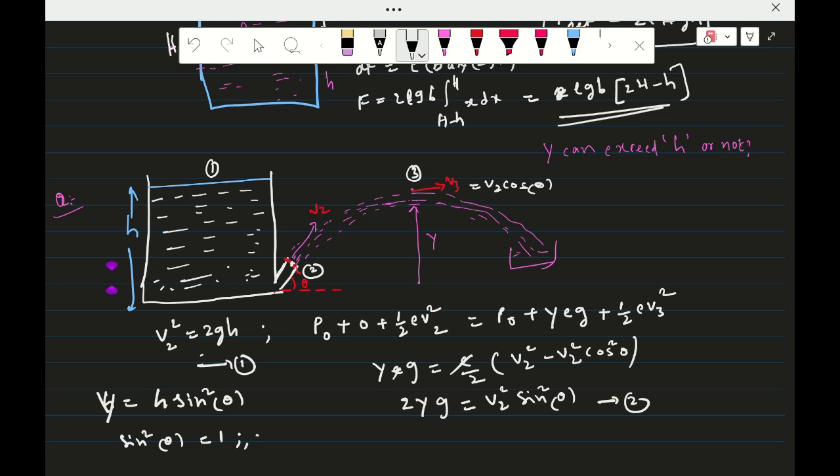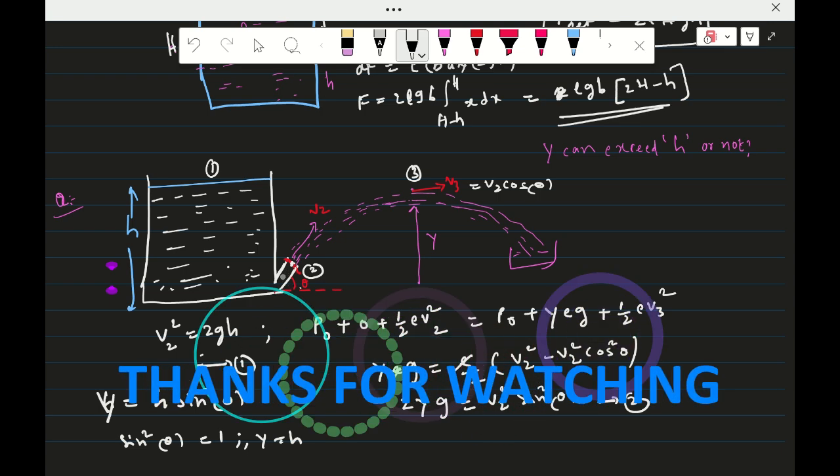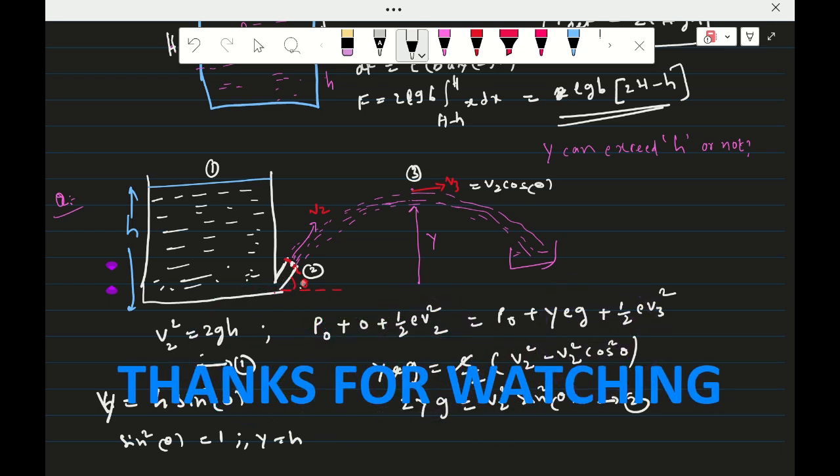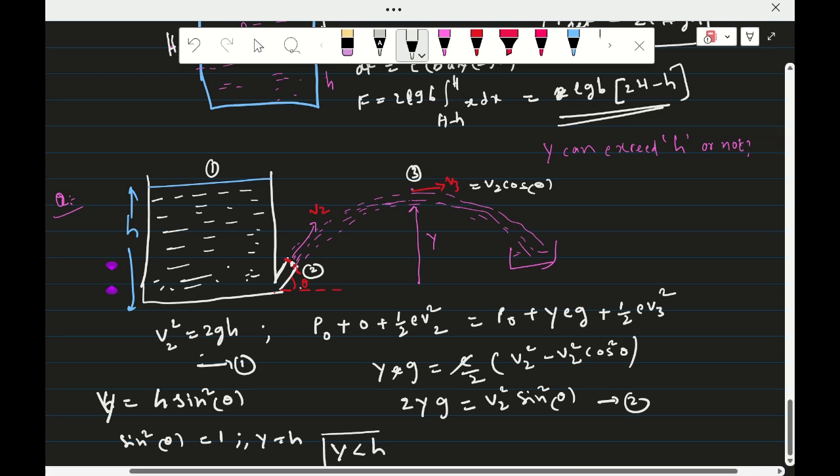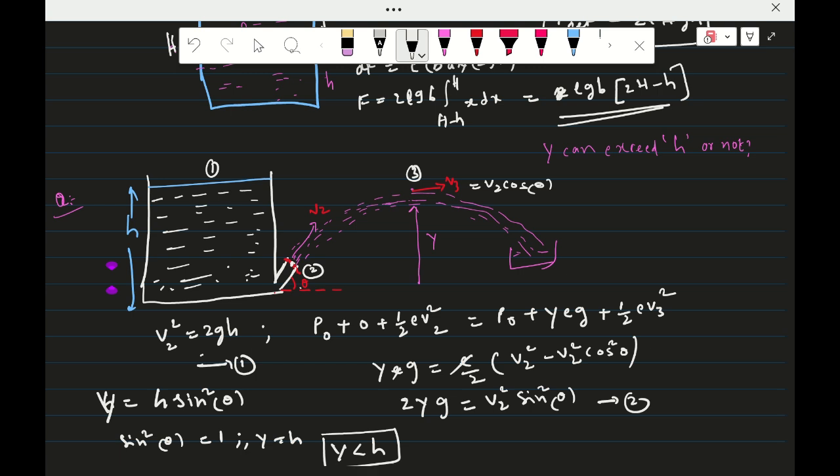Then y is equal to H. But in this case, theta is not 90, it is less than 90. If theta is less than 90, then y will be less than H. H is the maximum, so y cannot reach or exceed H. y will be less than H only.